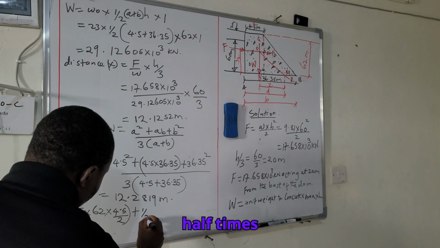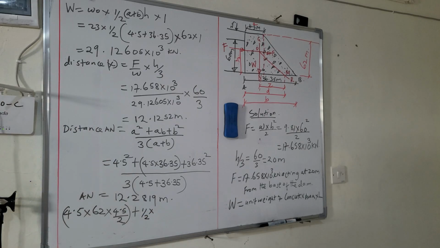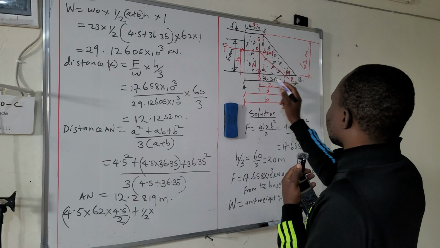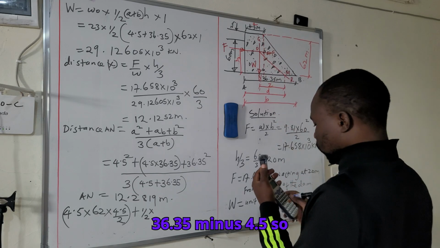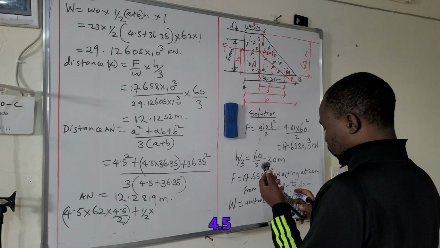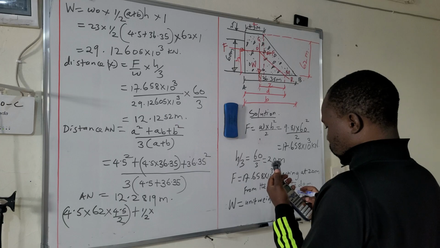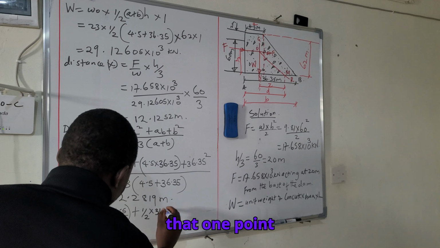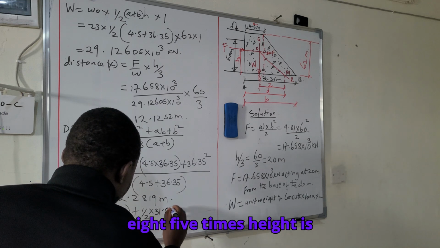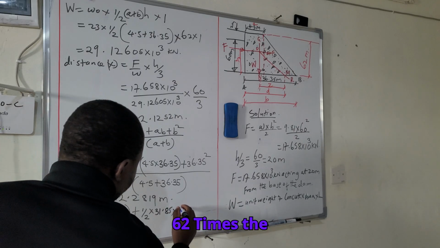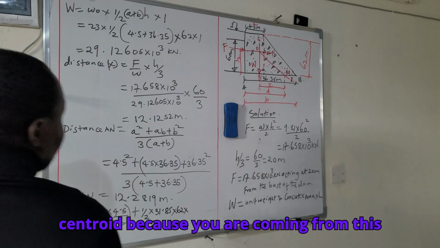So it will be a half times the base, which is 36.35 minus 4.5. That is 31.85, times height 62, times the centroid.